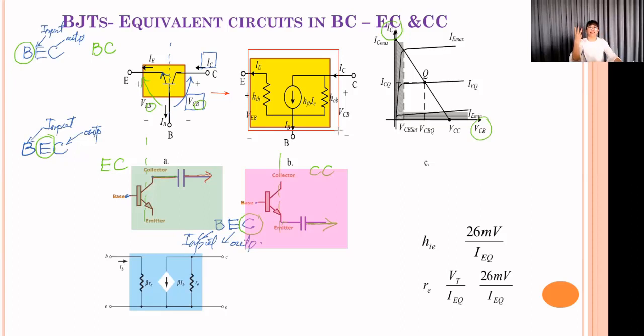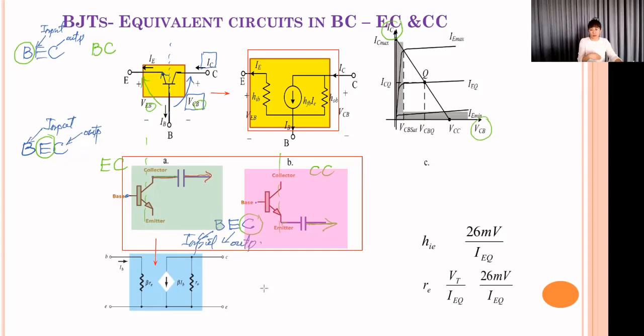Three elements, and for two configurations, common emitter and common collector, you can have only one equivalent circuit. This is in the blue box below.